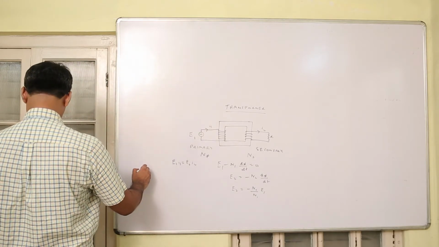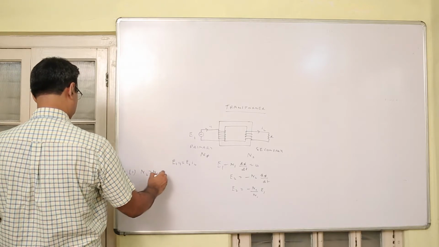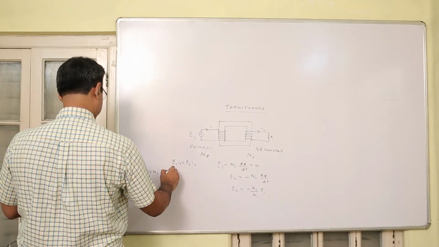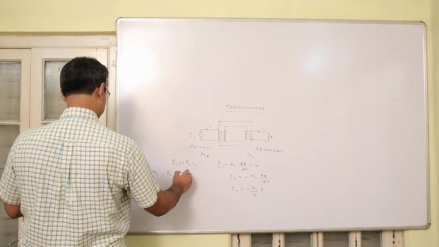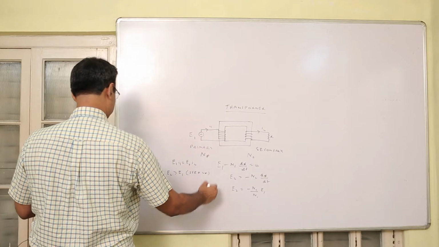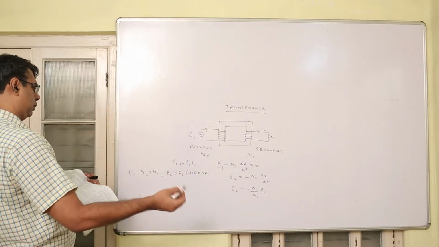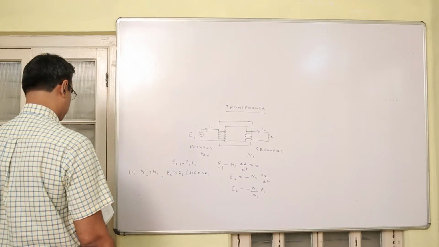Now if N2 is greater than N1, we can say that E2 is greater than E1. So this is called a step-up transformer. In a step-up transformer, the output voltage is greater than the input voltage.